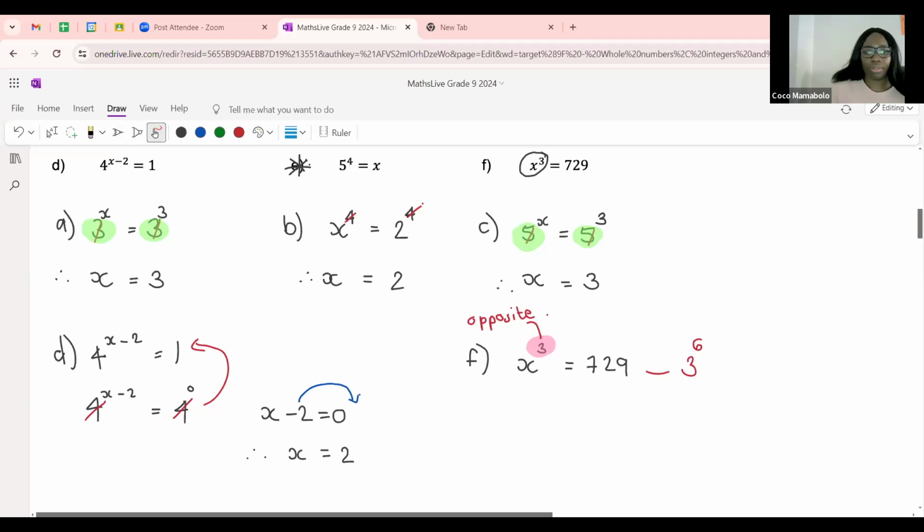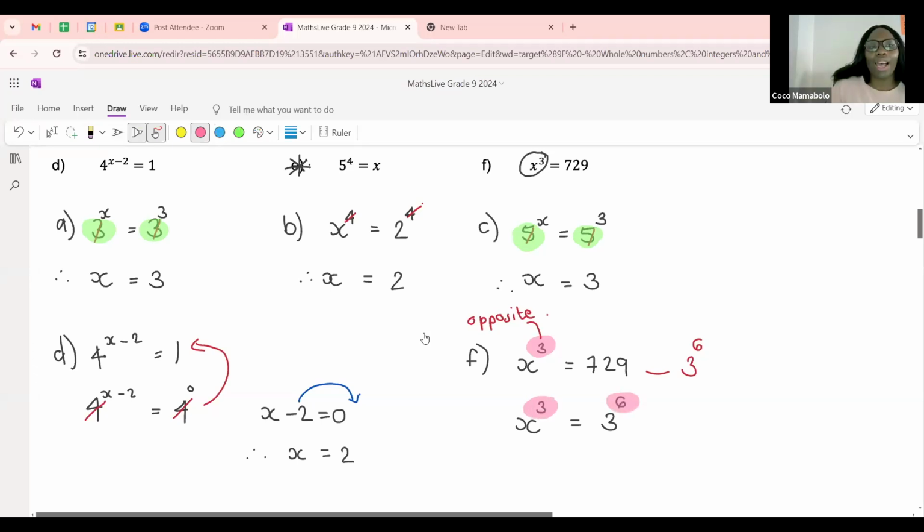All right. Okay, so if I put this into my calculator, I'm going to go x to the power of 3 is equal to 3 to the power of 6. Okay, so I know that these two things are not the same. This is a 3 and that is a 6. That's not very helpful, right?